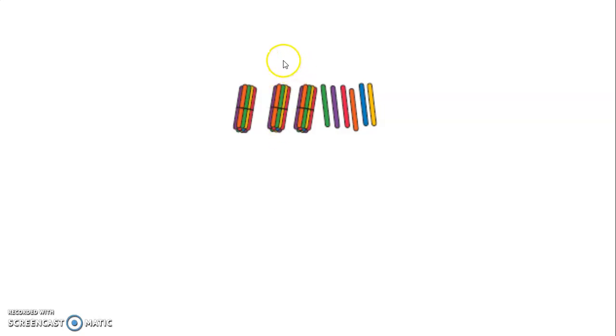I'm going to count 10, 20, 30. I stop. There are no more groups of 10, and I'm going to count on by one. So I had 30, 31, 32, 33, 34, 35, 36. Wow, there were 36 sticks. Is that the answer you got?